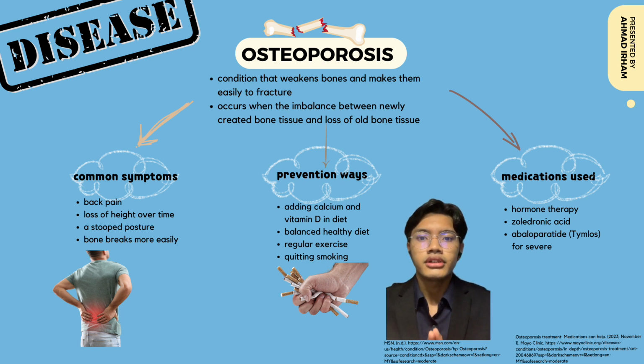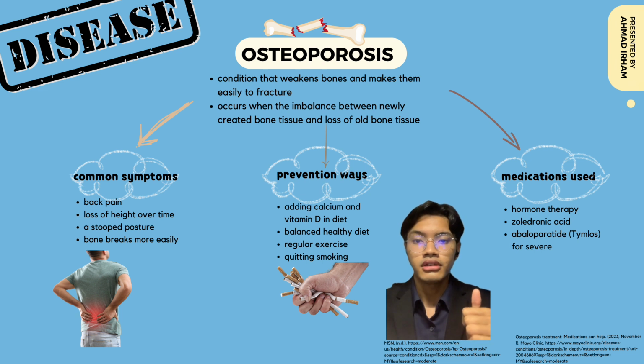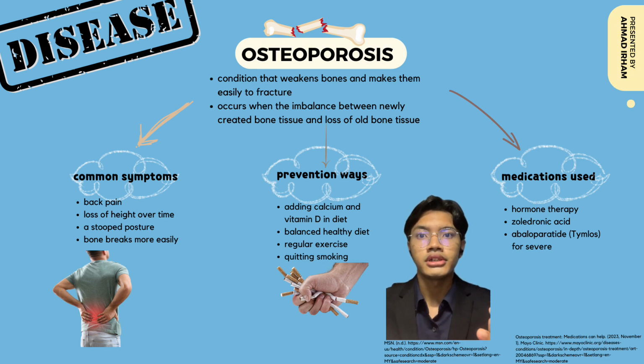This disease occurs when there is an imbalance between the newly created bone tissue and the loss of old bone tissue. The common symptom of this disease is first back pain. Second is the loss of height over time, a stoop posture, and the bone breaking more easily.